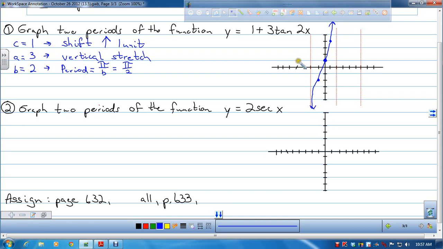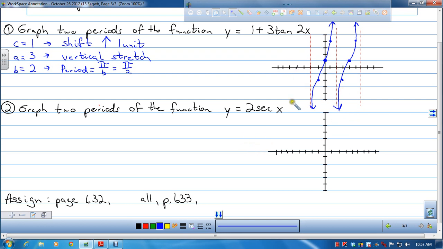Then I can just pick that up and transfer it all over here. I've got a spot right there, a spot right there, and a spot over here. Remember, it's just like we pick that up and move it. Okay, so I'm going to draw that in. Not bad for freehand.